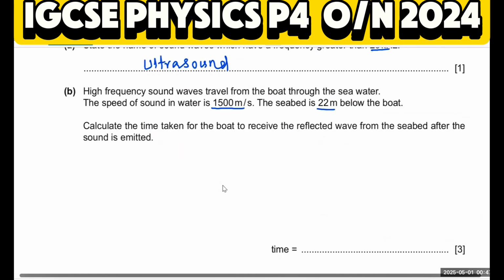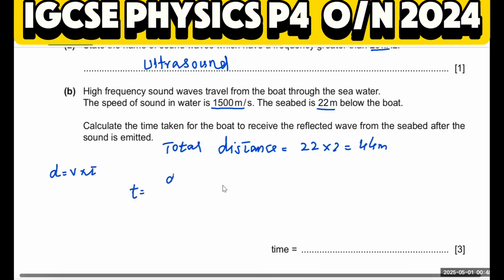One side distance is 22, so the total distance is 22 times 2, that will be 44 meters. So we will calculate the time. The main equation is distance equal to speed multiplied by time, and time will be equal to distance over speed. So distance is 44 meters, and the speed is given, 1500.